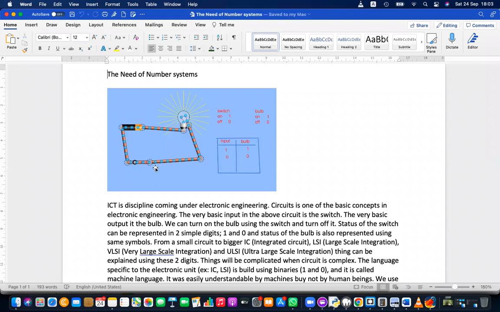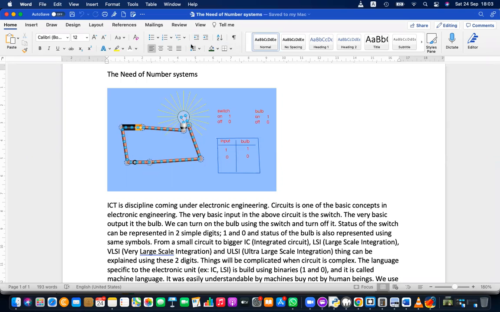So basically, switch is considered as the input and bulb is considered as the output. And when we consider switch and bulb, in order to turn on the bulb, you need to turn on the switch. That means we can represent that using 1 and 0.